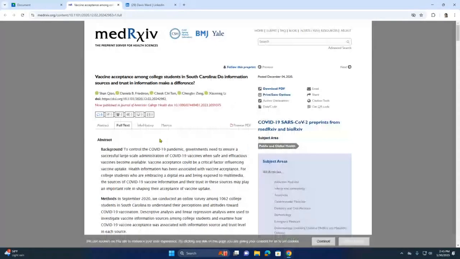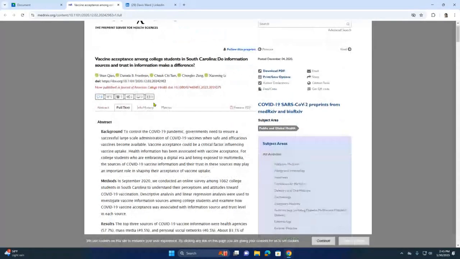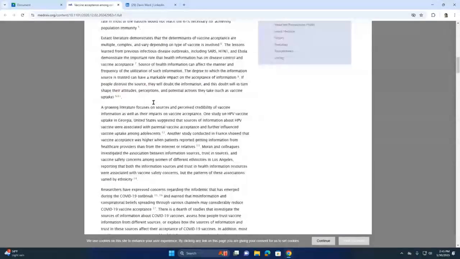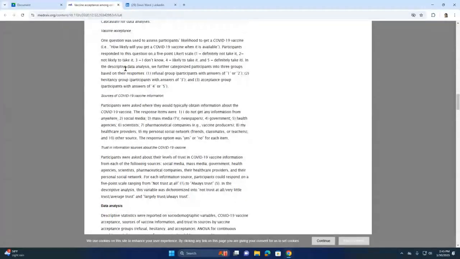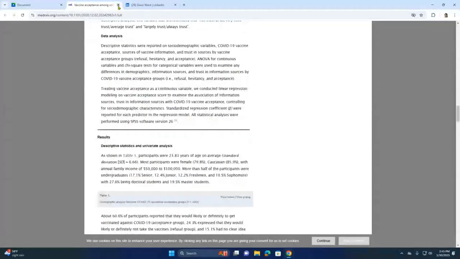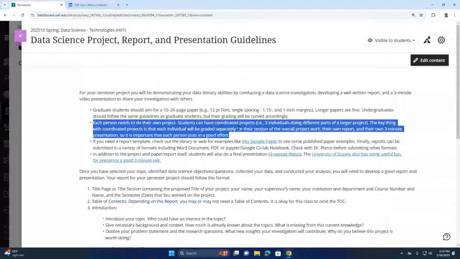A lot of people always say, what format should I use? There's lots of formats. I have another little sample paper. This was based on analysis of some survey data.